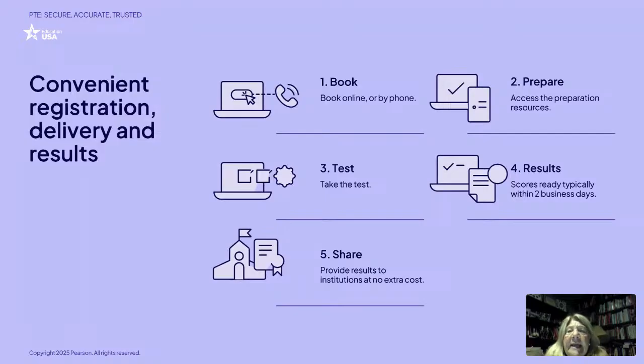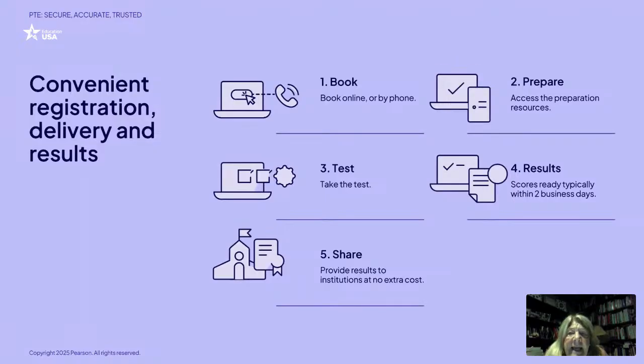Once you create that account, you go in, you look for the country, you look for the date, and you look for the time. So you book the test. Then once you do that, we do suggest you take some time and work through the practice test. So again, you'll understand what the test will be like. You then come and take your test.